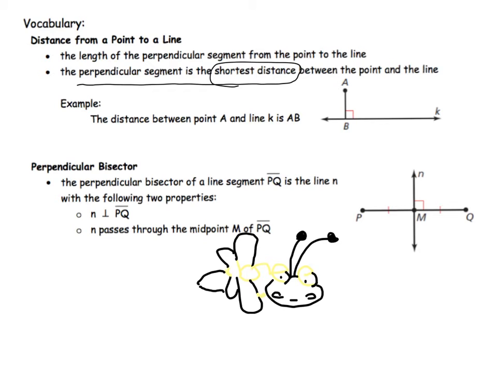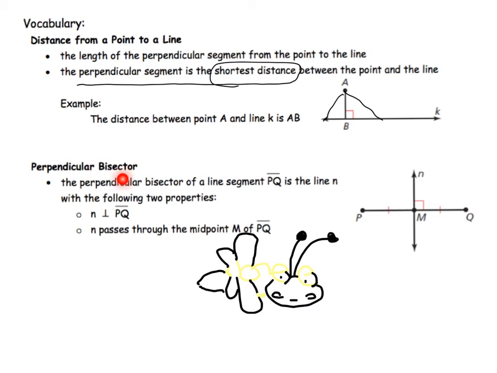For example, the distance between point A and line K is AB. Drawing a line like this or like this, these two lines that I just drew would not be the shortest distance or quickest way to get to line K. That's what this is stating.